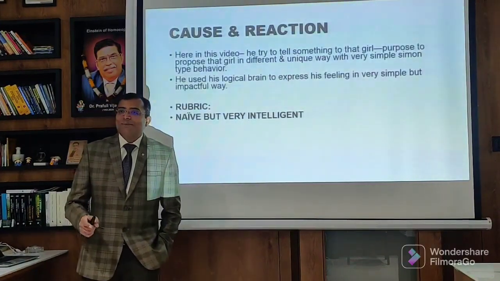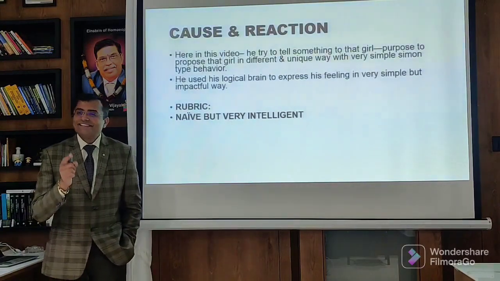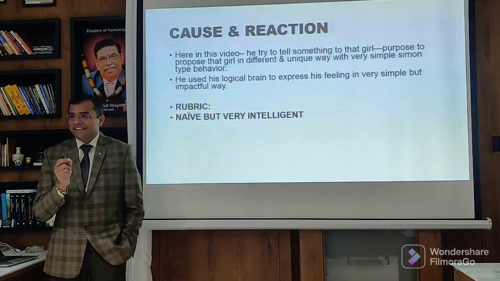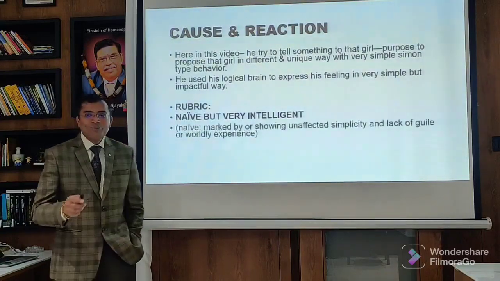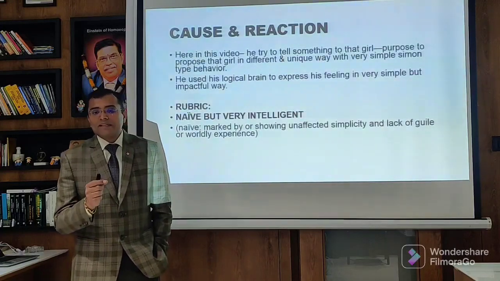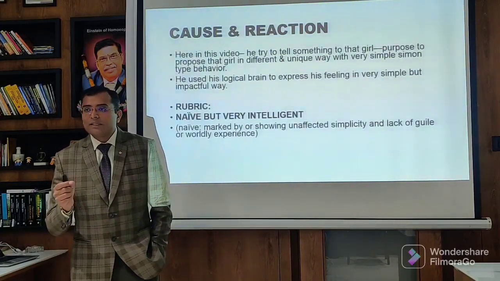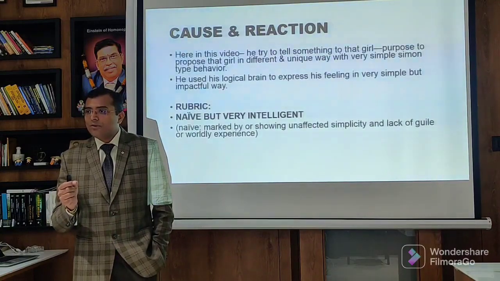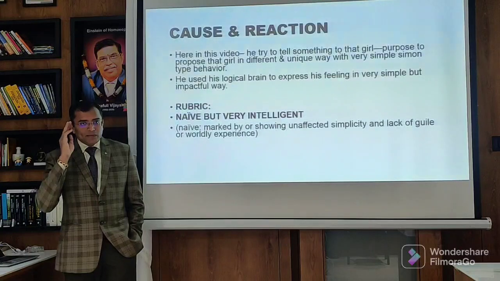Naive, but very intelligent. You know, this is the rubric. Naive, but very intelligent. Now what is naive? Naive is marked by or showing unaffected simplicity and lack of guile or worldly experience. You know, something that there is no corruptness in the mind.